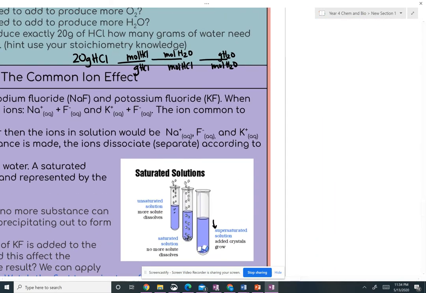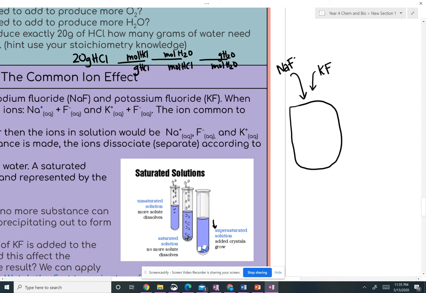Okay, so we have some sort of beaker here, and I am dissolving NaF, sodium fluoride, and I am dissolving a calcium fluoride.